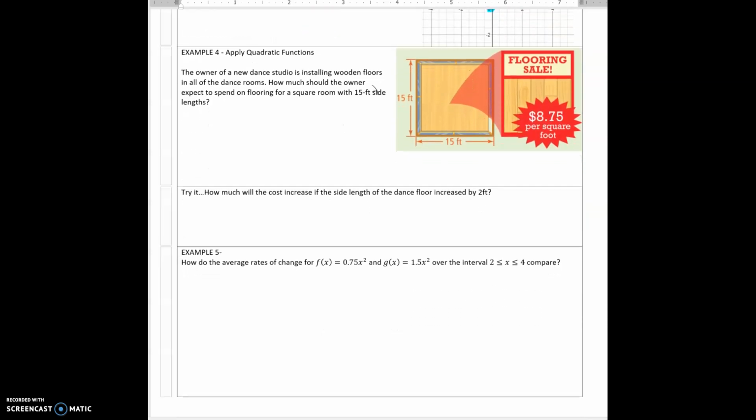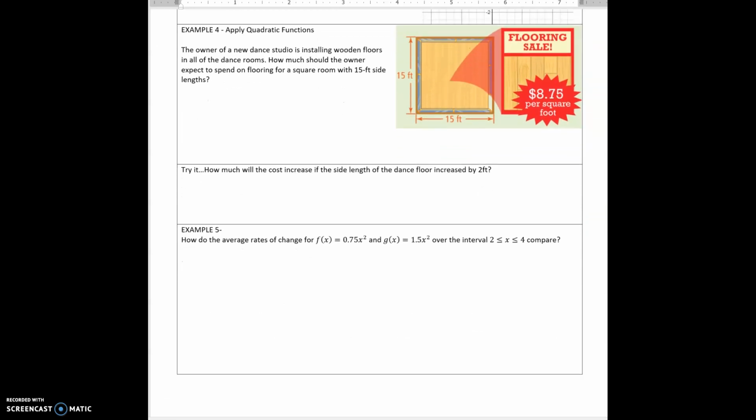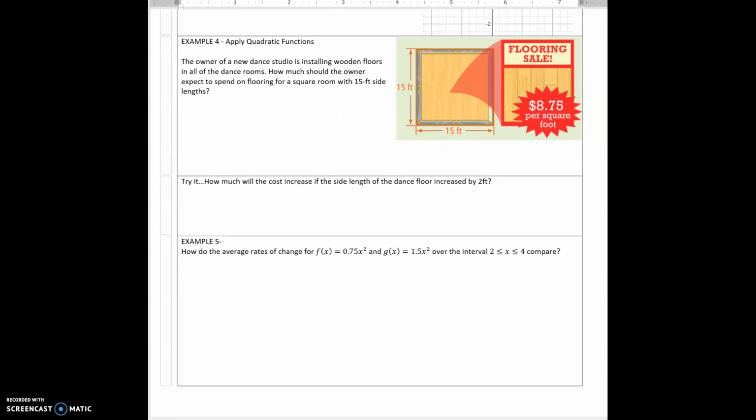Okay, so then looking at flooring. So here we have the owner of a new dance studio is installing wooden floors, and so we have the dimensions of the floor and then how much it costs. So to find how much it costs, we need the area.